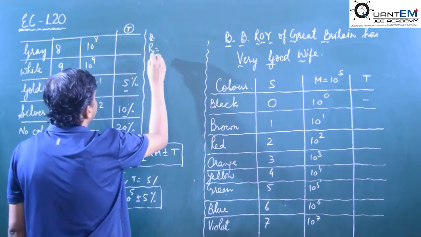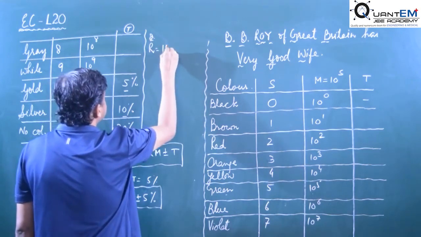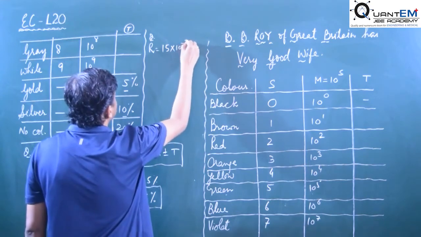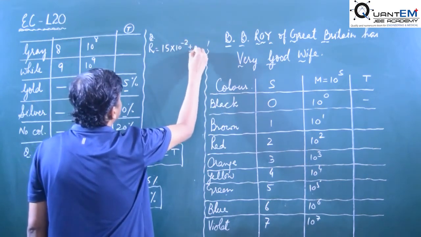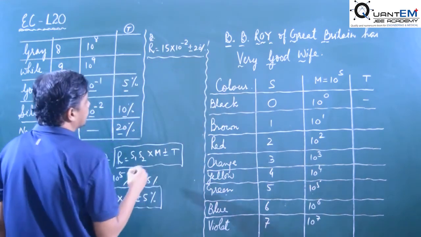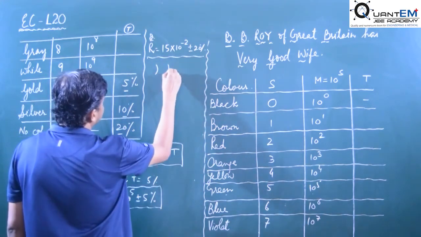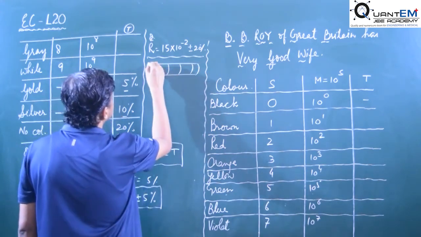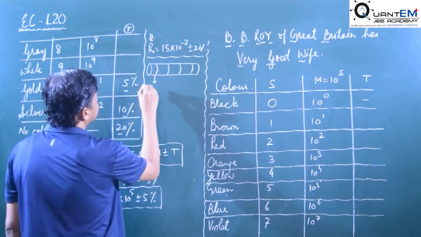We have a given resistance of 15 into 10⁻² plus minus 20%. Okay, so you have to find the colors of the resistor. Okay, so see what is the first significant value.